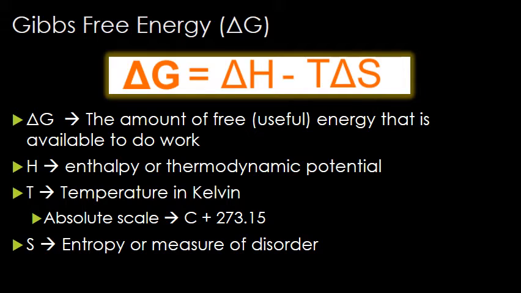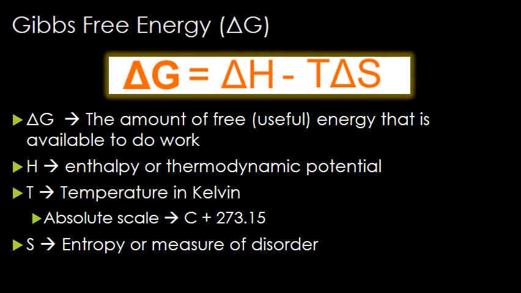So the Gibbs free energy is the energy associated with a chemical reaction that can be used to do work. It's the sum of the enthalpy and the product of the temperature and the entropy of the system. So the delta G is the amount of free energy, useful energy.